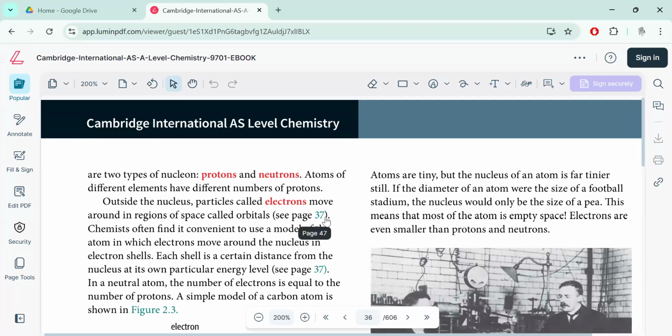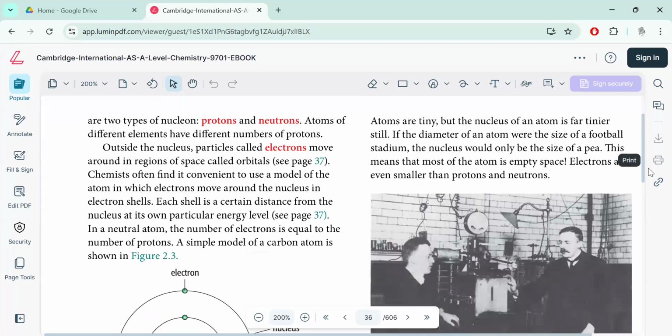They move around in a region of space called orbitals. Electrons are very light, actually lighter than protons and neutrons. And they also have a negative charge. So that's the difference. I think you've learned this in your previous chemistry classes as well.